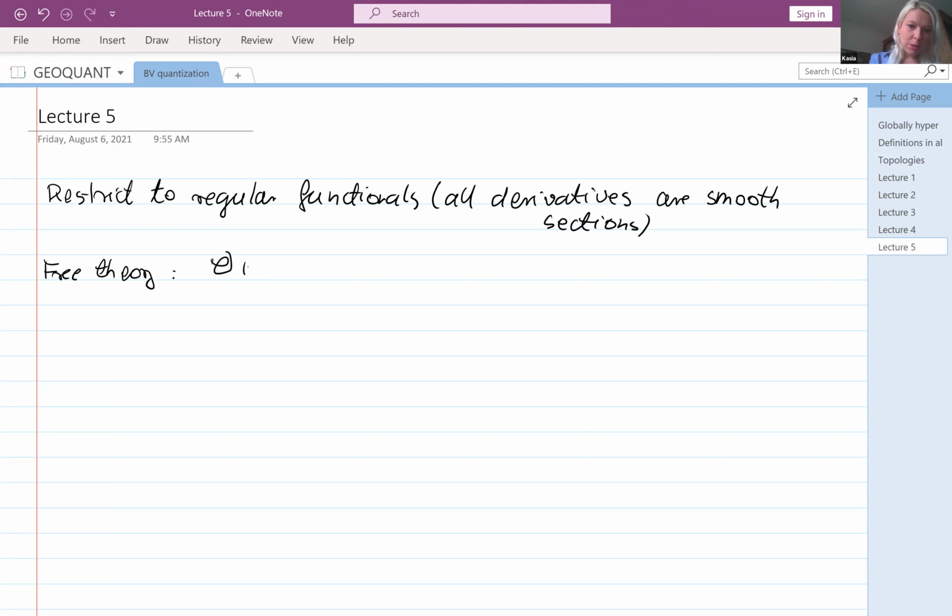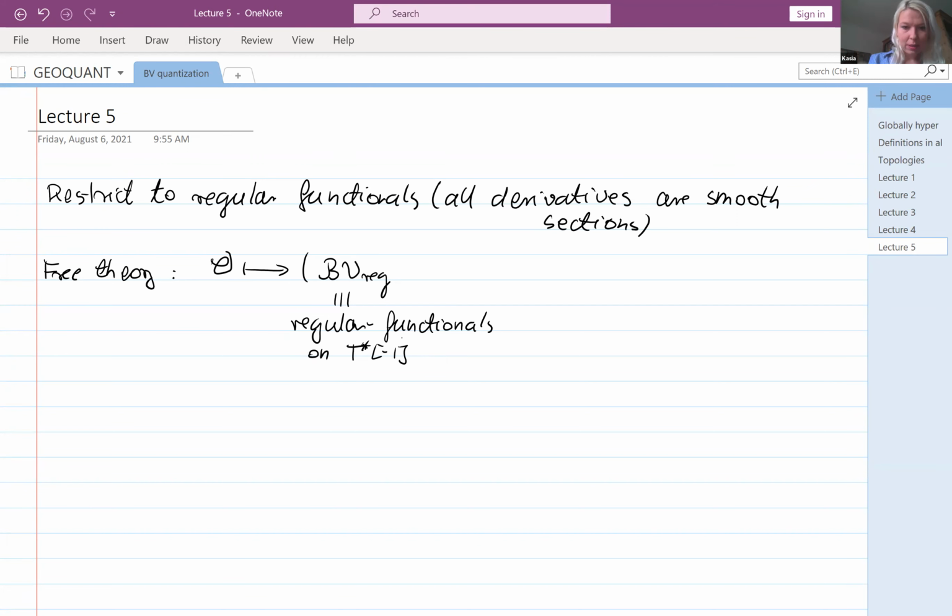To a region O, we associate the space of regular functionals on the shifted cotangent bundle. This is the extended configuration space.